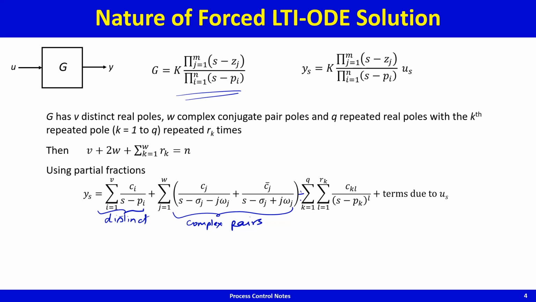Oh, there must be a plus sign here. And then if you have, let us say, one of the factors s minus a whole cube in the denominator, then 1 over s minus a cube will factorize in partial fractions as a over s minus a plus b over s minus a whole square plus c over s minus a whole cube.